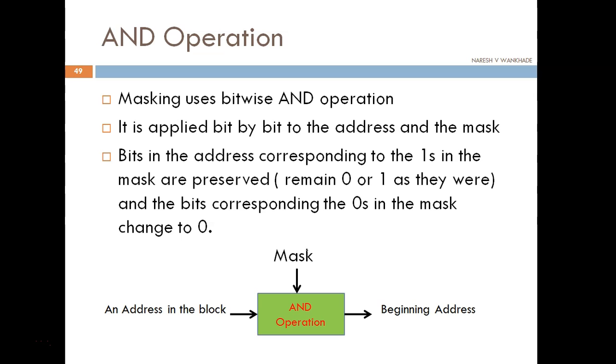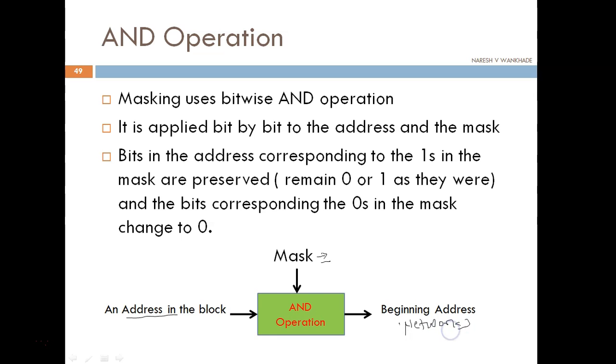So let's see how it performs the task. The address in the block and the mask perform the AND operation, and you get the beginning address here. Beginning address means which address?